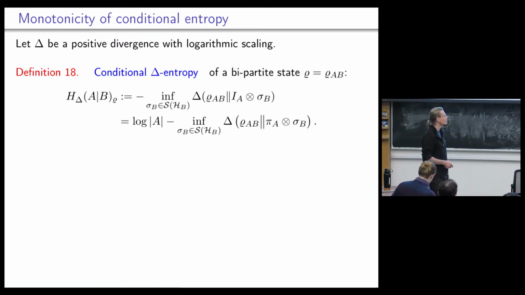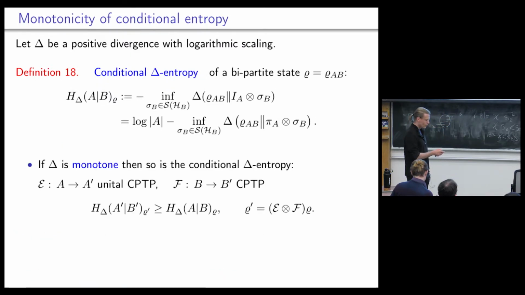Okay. Right? Monotonicity of the entropy. If you start with a monotone divergence, then the corresponding conditional entropy is also going to be monotone in the following sense: on the A system, we should act with a unital CPTP map, and on the B system, we can act with an arbitrary CPTP map. Okay, and if we consider the tensor product action of such a map, then we will see that the conditional entropy after the action is at least as large as the conditional entropy before.